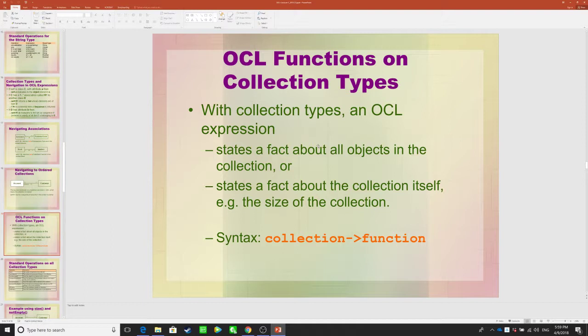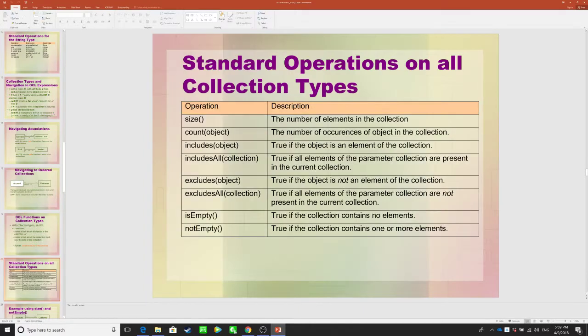It only tells you a fact, not doing any operation on that collection. None of these predefined operations removes or adds things. We're not doing that here.